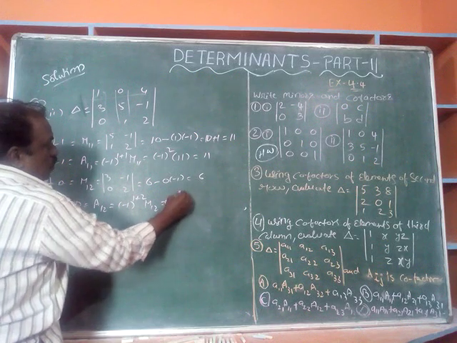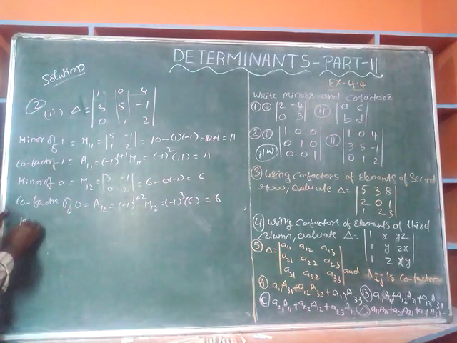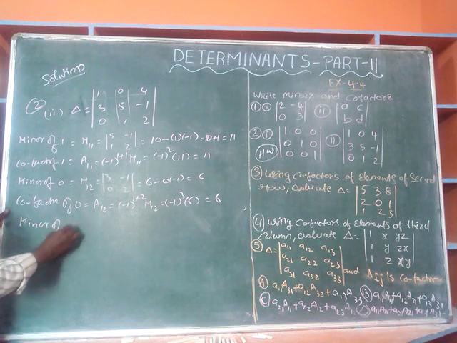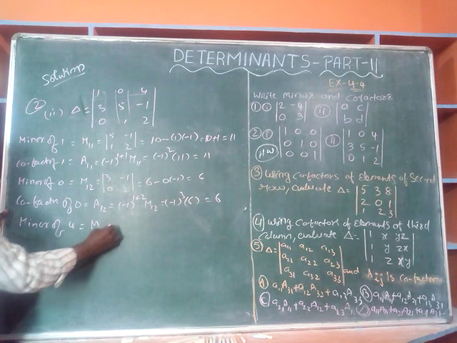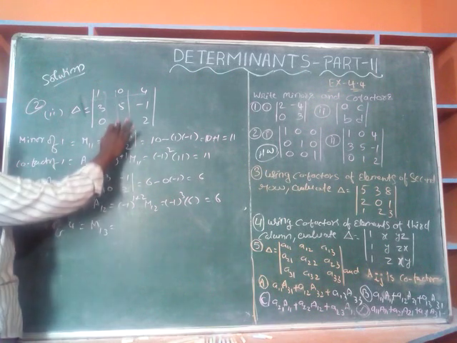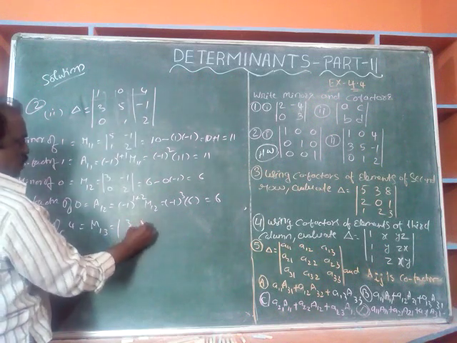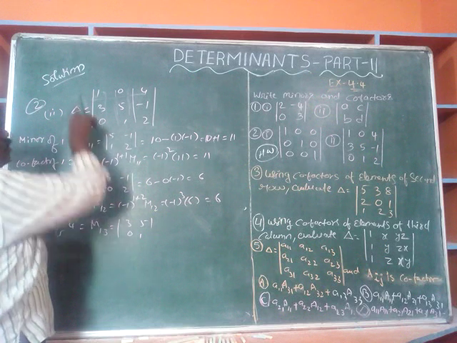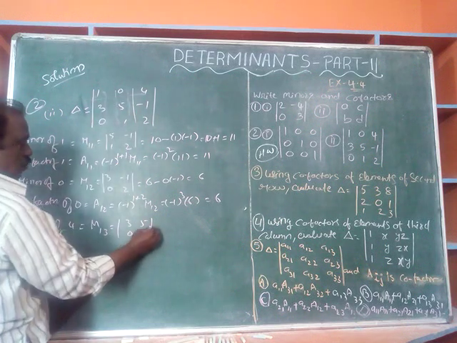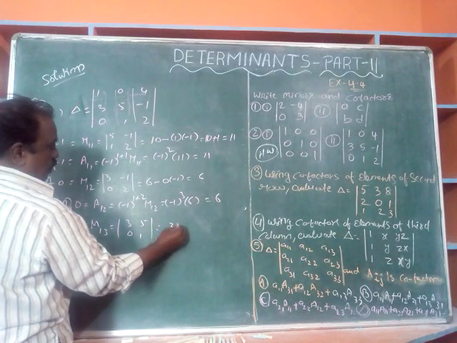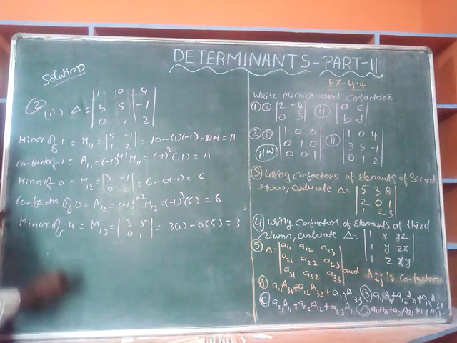It is (-1) cube into 6, that is -6. Similarly, minor of 4 is M13. After deleting the row and the column, we get the determinant 3, 5, 0, 1, which is 3 into 1 minus 0 into 5, that is 3.